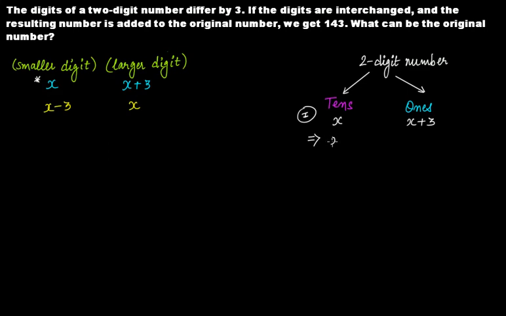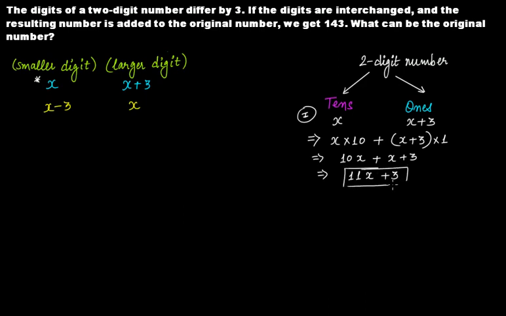So this becomes x times 10 plus x plus 3 times 1. This gives you 10x plus x plus 3, which gives you 11x plus 3. This will be your number when you take x at the tens place and x plus 3 at the ones place.